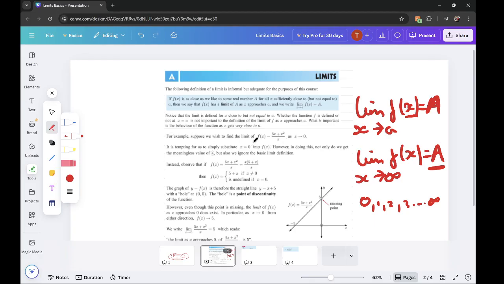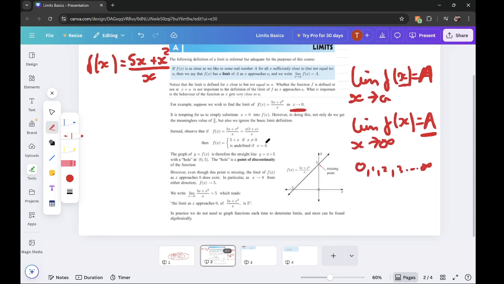So for example purposes, f of x is equal to 5x plus x squared over x. Now they're going to mention the limit. It is tempting to substitute x equals 0 because they've put the limit as x approaches 0.